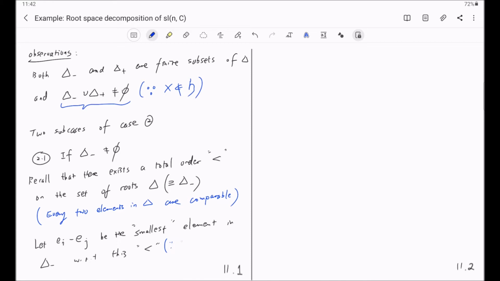This is possible because delta negative is non-empty and finite. So we can choose the smallest element.